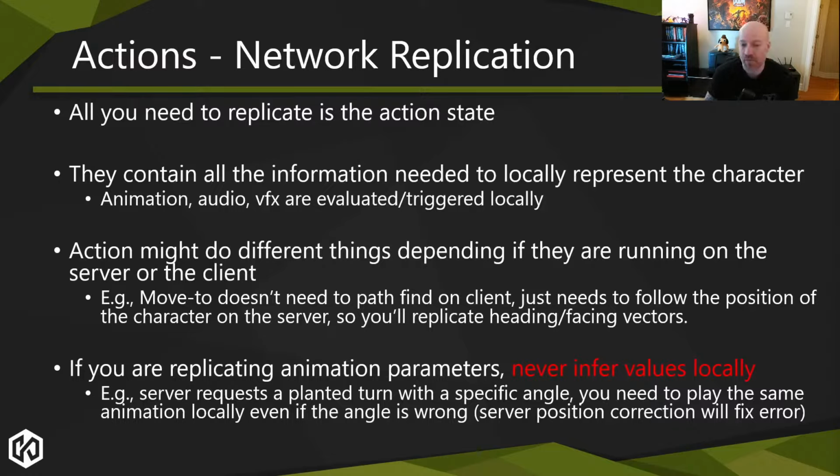That then needs to be replicated so that when we receive that signal on the client, we will say, hey, the server said you have to play a turn on spot, that's 47 degrees. That client might only need to turn 30 degrees or 50 or whatever, right? It doesn't matter. You need to play the exact animation that the server is playing, and then your server position correction will try to over time interpolate and correct the error. But you need to play the right animation, because oftentimes animators will have very different animations in different directions.